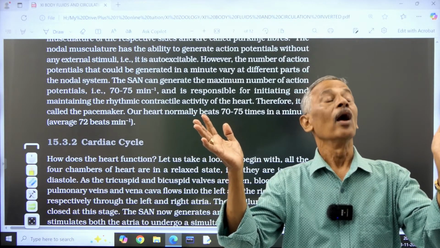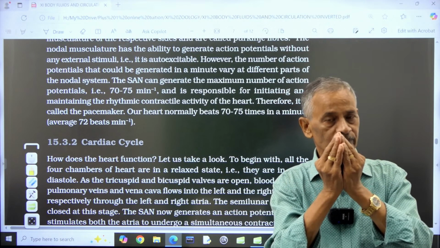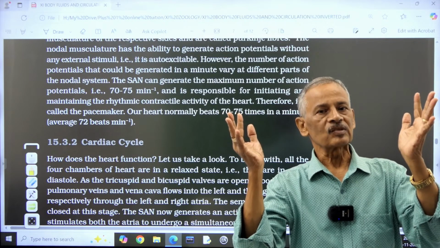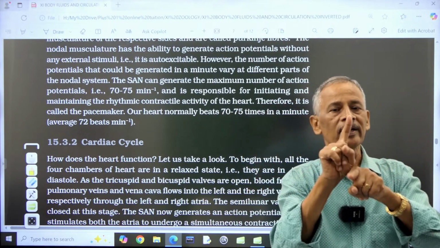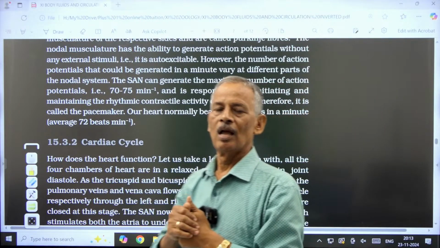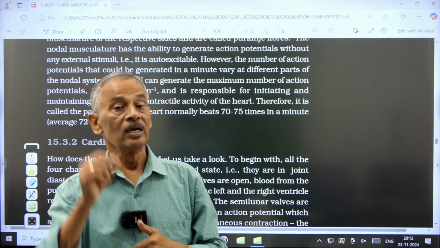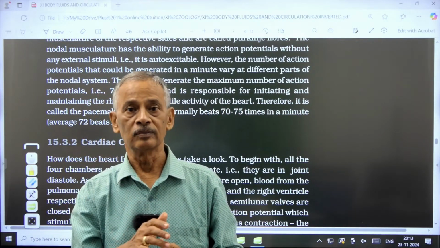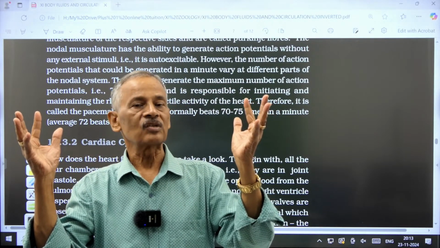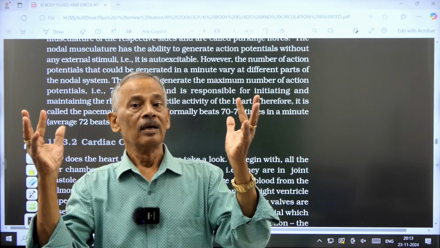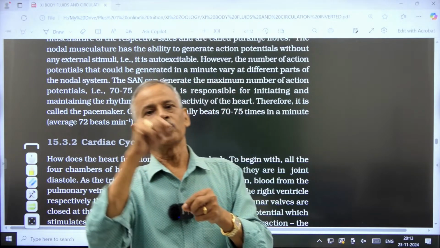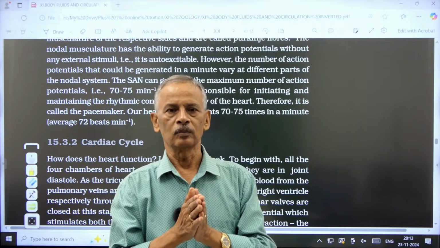One contraction followed by the relaxation is called one cardiac cycle. Contraction is called systole, and relaxation coming back is called diastole. So, systole followed by diastole.